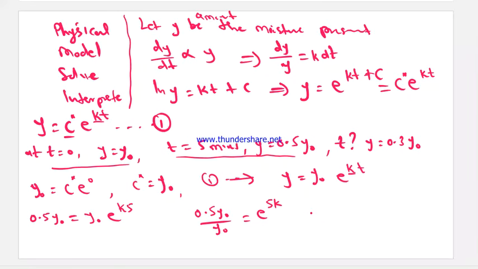And it means our 5K is equal to ln 0.5. So K equals ln 0.5 divided by 5, and that K will give us minus 0.139.